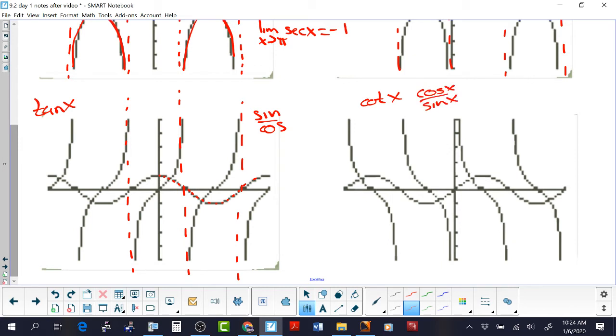Wherever sine is 0, cotangent has that vertical asymptote. And the nice values that we have for tangent and cotangent are -1 at the pi over 4s, 0 and 1 at the pi over 4s. So negative 1, 0, and 1 are usually the values we work with when looking at tangent and cotangent.